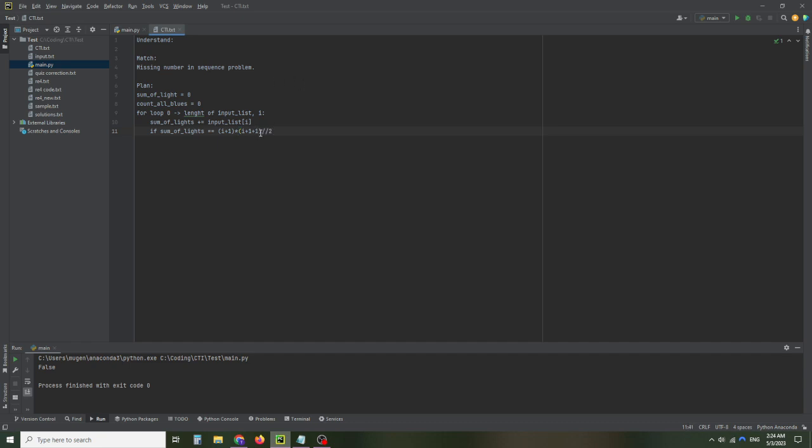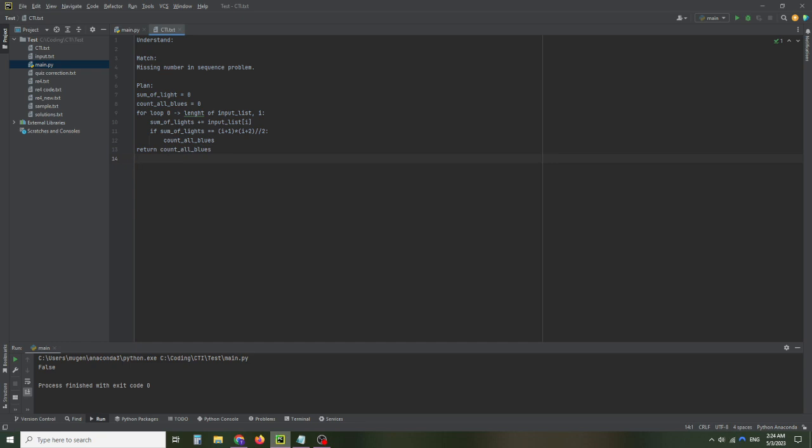And I'm going to simplify these plus 1s into just add 2. So that's when I need to count, that's when they're all blue. And then I just need to return that number, the count of all blues.